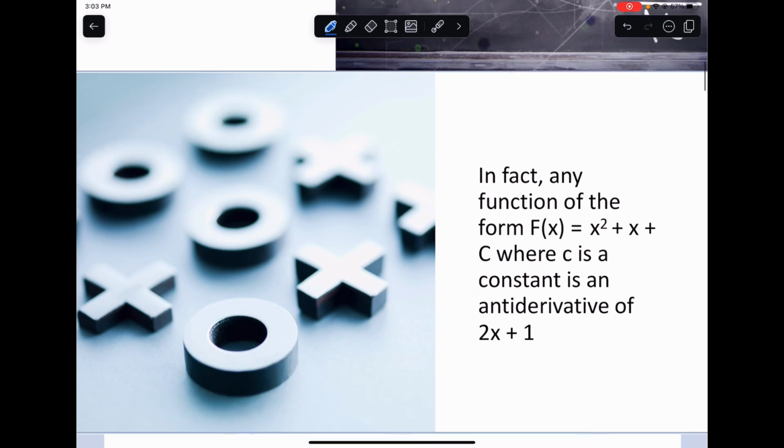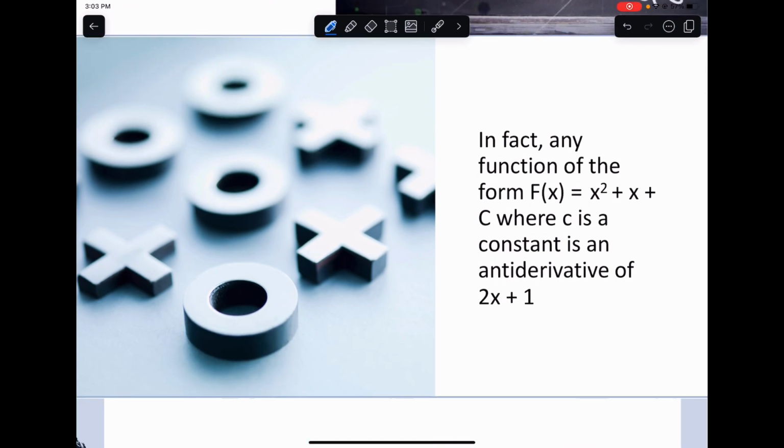So in anti-differentiation, in fact, any function of the form f of x equals x squared plus x plus c, where c is a constant, is an antiderivative of 2x plus 1.